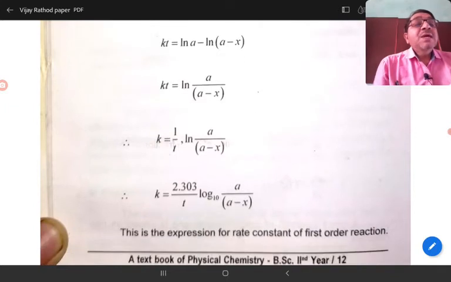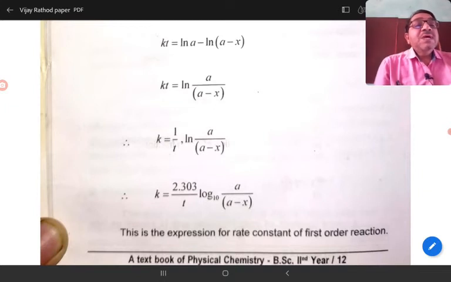When we consider the next form of this equation, on conversion to base 10 logarithm, k is equal to 2.303 upon t into log to the base 10 of a upon a minus x.